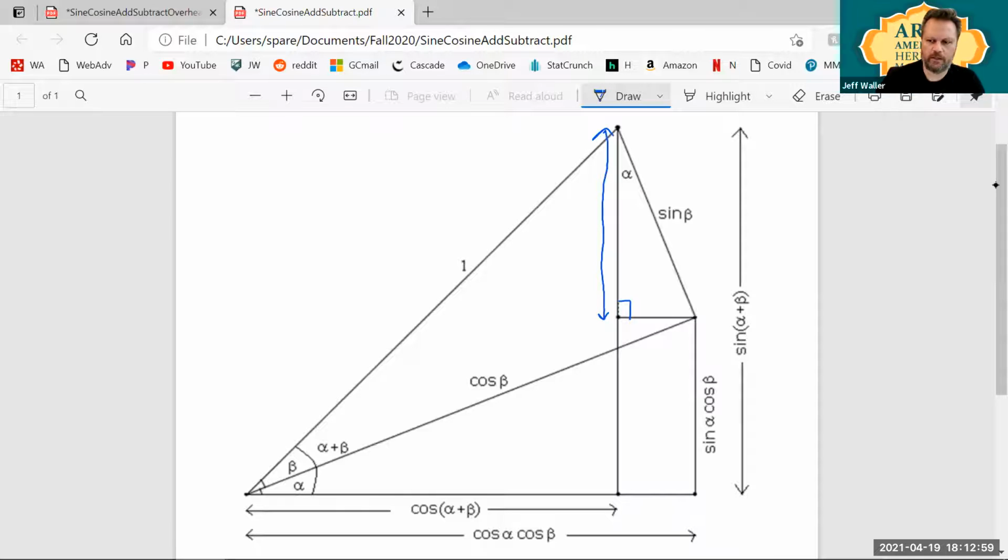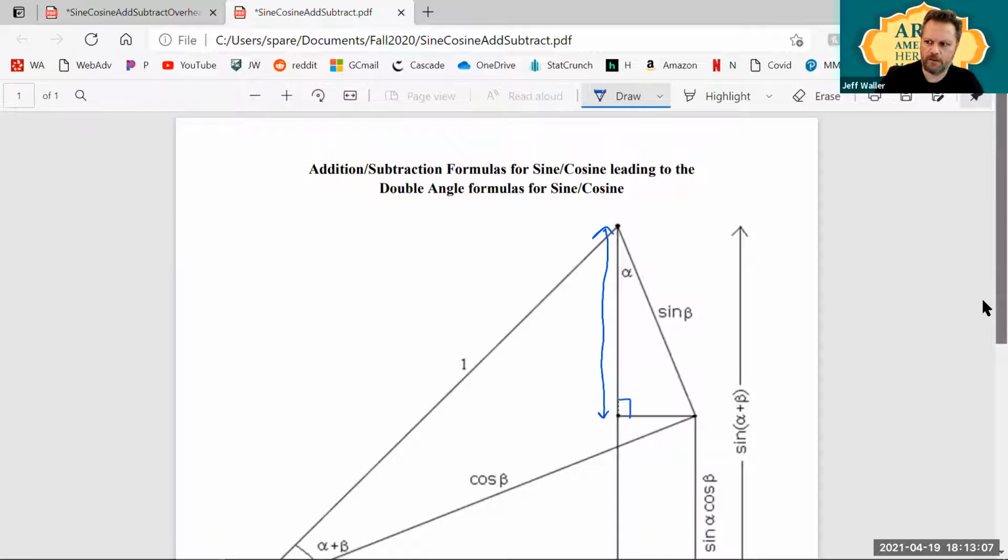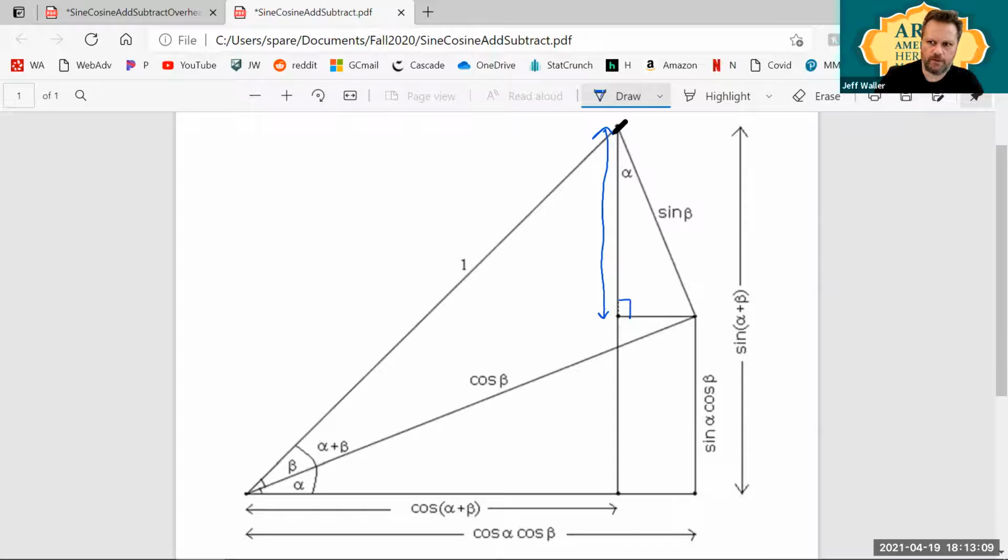To see if anybody kind of remembers what we just learned a minute ago. Let me do this and see, does that just freak people out? Yeah, let me not do that anymore. So here's the hypotenuse, correct? So how much is going to be in this direction? It's going to be what? Cosine, yeah. Cosine alpha times sine beta.